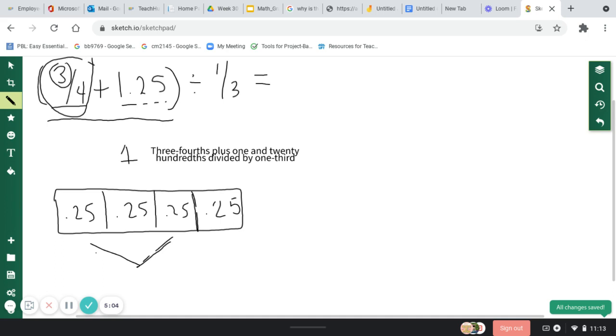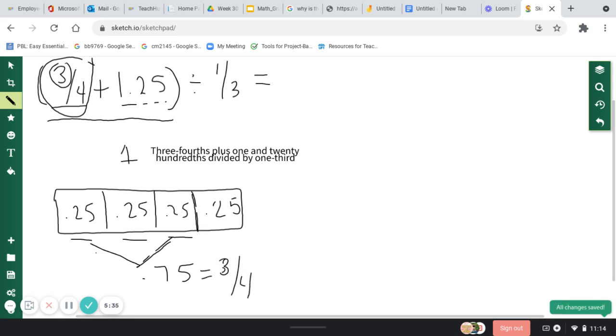So 4/4 is equal to $1. Now we need to worry about only three of those parts because the fraction is 3/4. So that means 25 cents and 25 cents and 25 cents, or 25 hundredths and 25 hundredths and 25 hundredths, gives us 75 hundredths. So that means 75 hundredths is equal to 3/4.